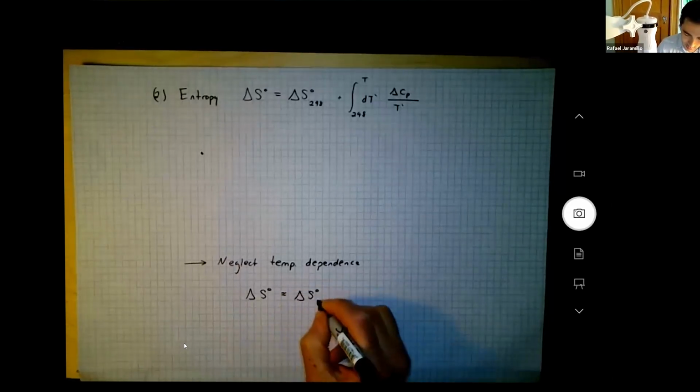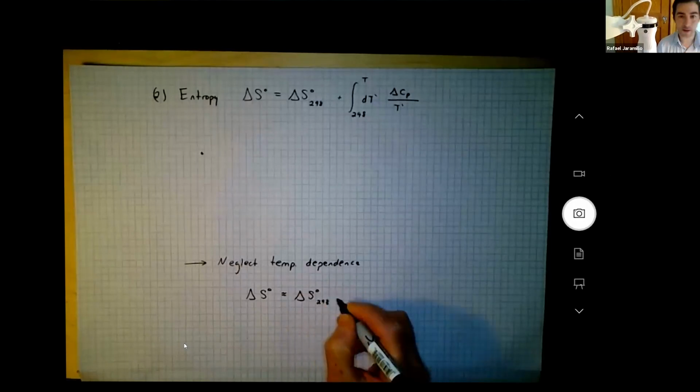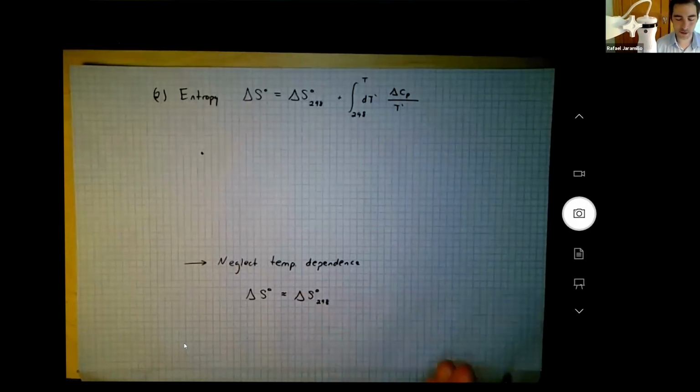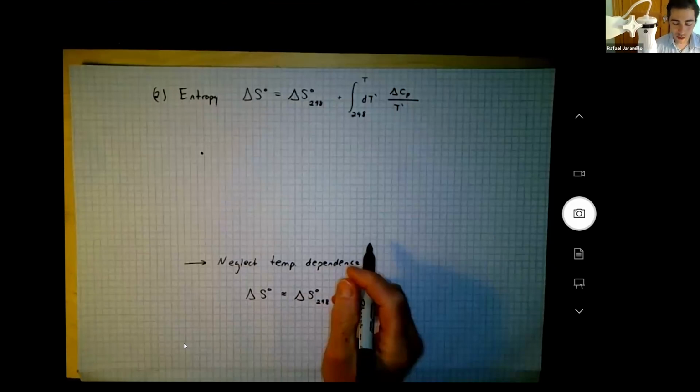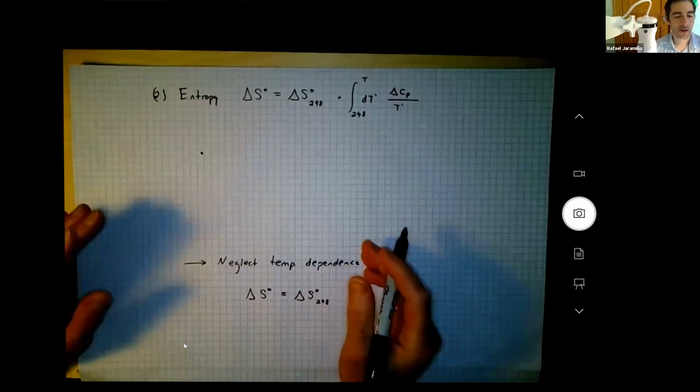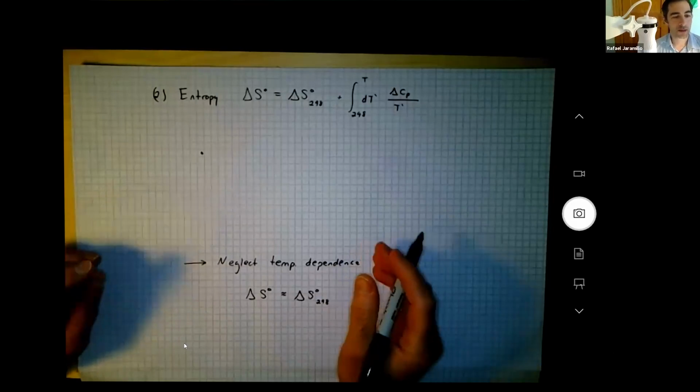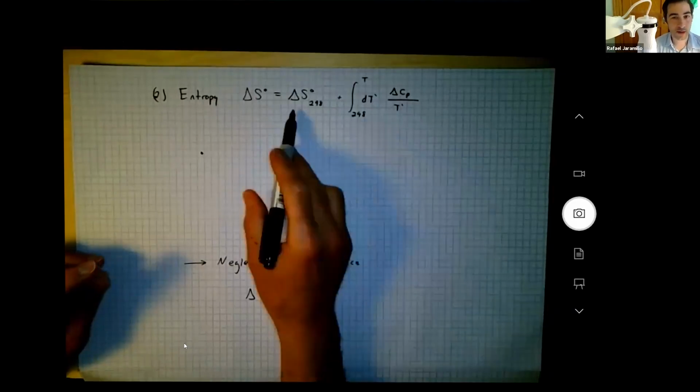Now somebody please tell me why we might be able to do this. And it's not just that we really like to make our lives easier. It turns out to be a really good approximation in many cases. What about this oxidation reaction? What's the dominant entropy change? What's the dominant contribution to delta S?